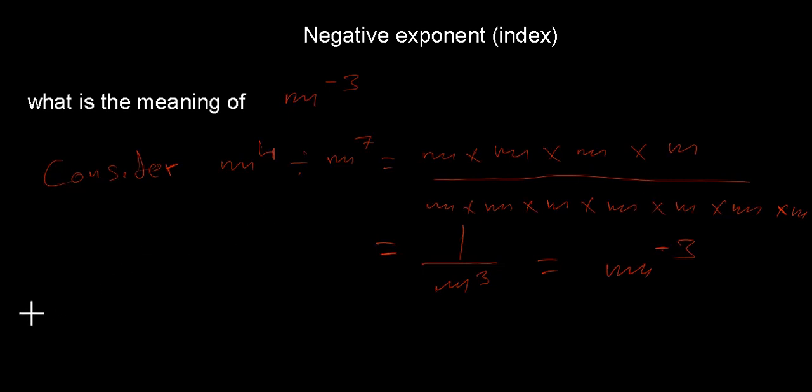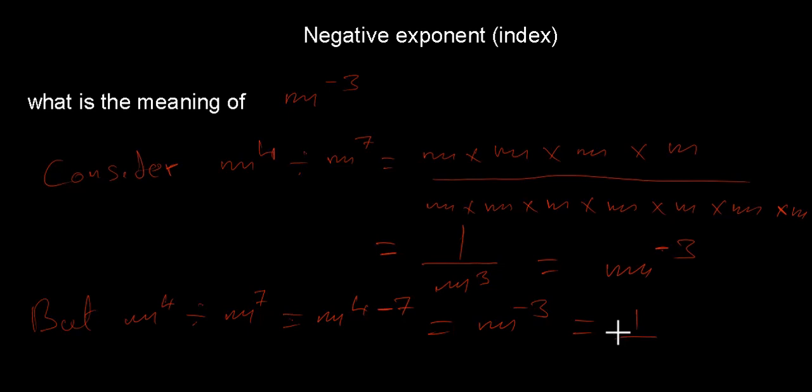So this is why we're saying m to the power 4 divided by m to the power 7 is equal to m to the power 4 minus 7, which is equal to m to the power negative 3, which is just the same as 1 over m to the power 3.